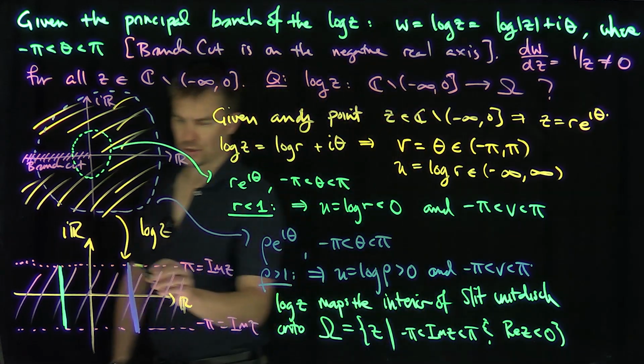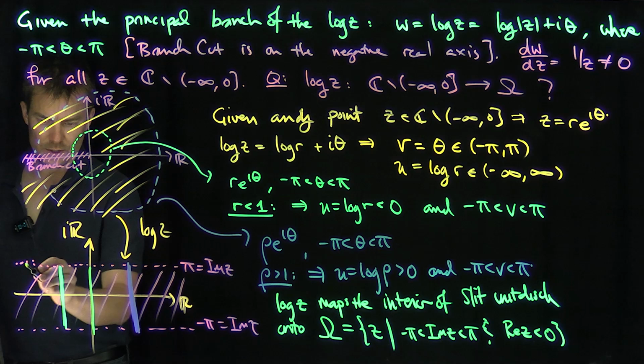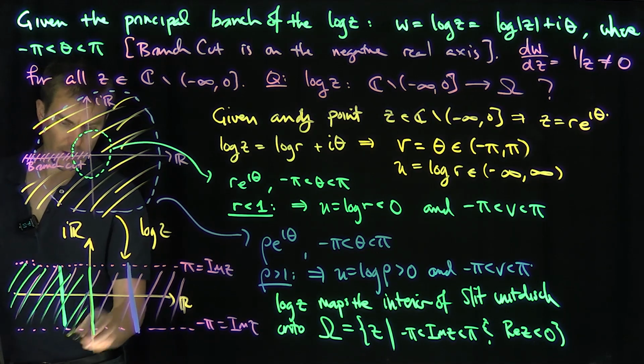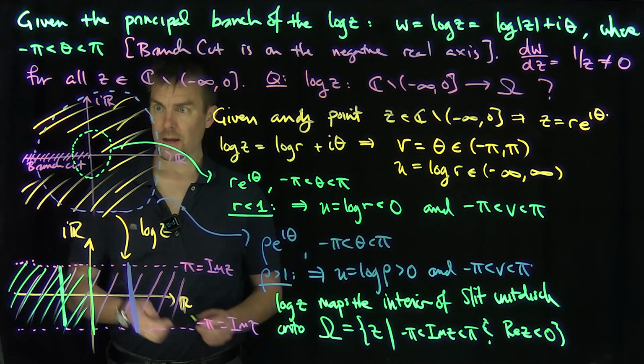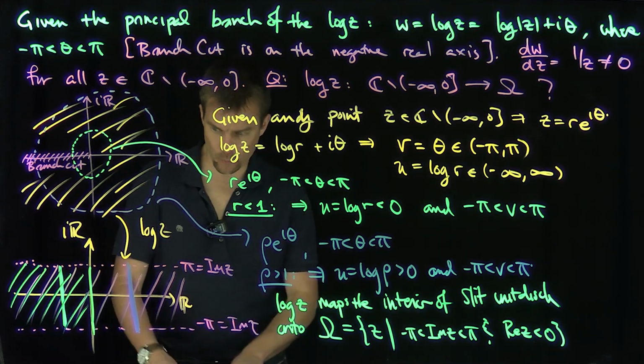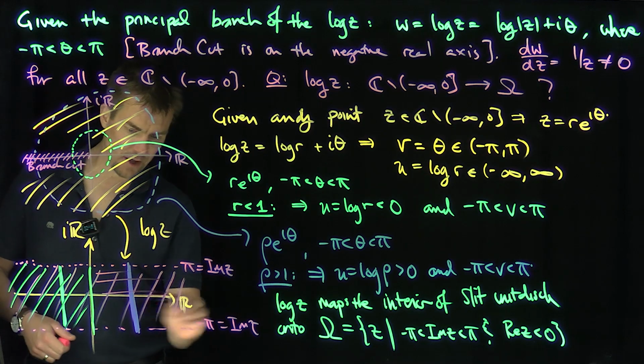So if I truncate it, I break it into two parts. The slit unit disk goes to this half semi-infinite strip. And then the exterior of the unit circle gets mapped to this other half strip over here.